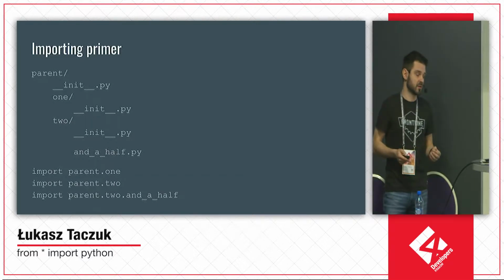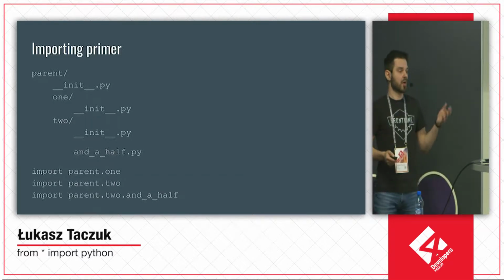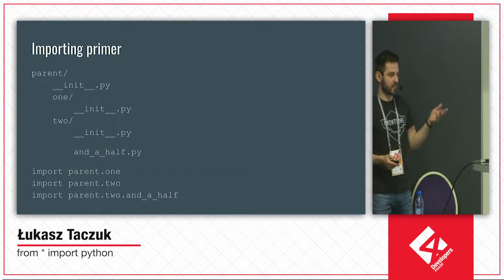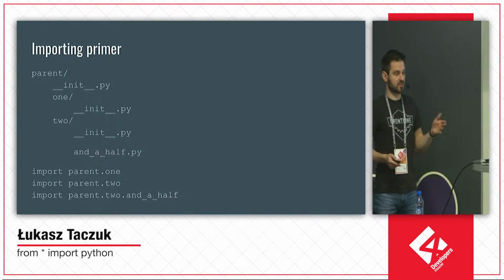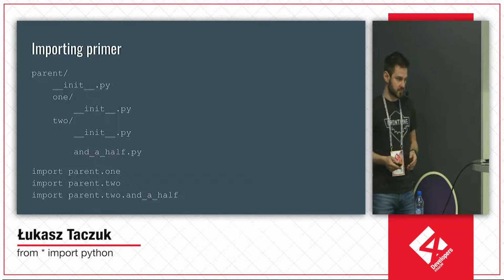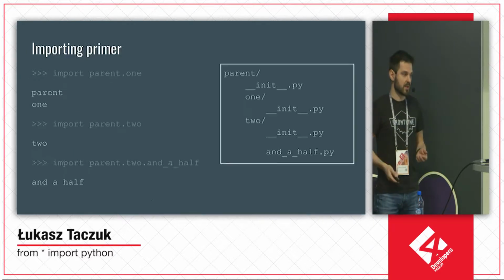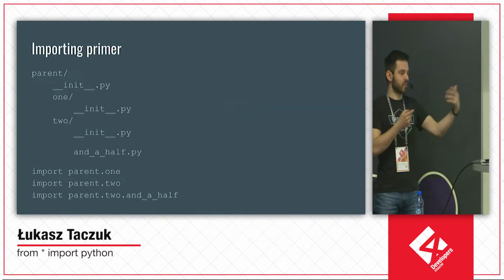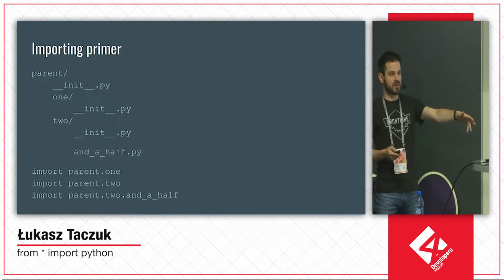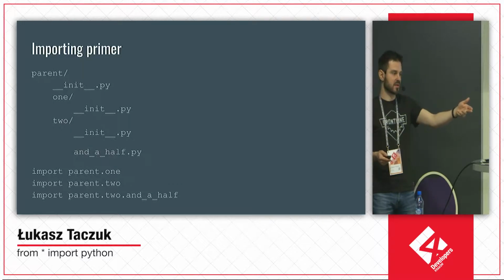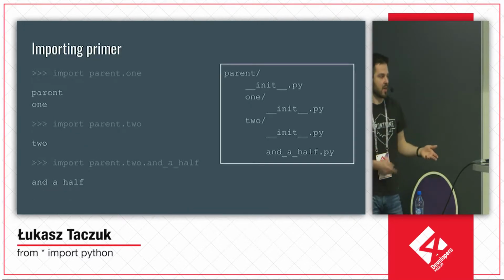After creating that folder, we just import everything. We type import parent.1, parent.2, parent.2.and_a_half. What will happen then? The first thing I've done is put some print statements inside the files so that we could see what's happening.